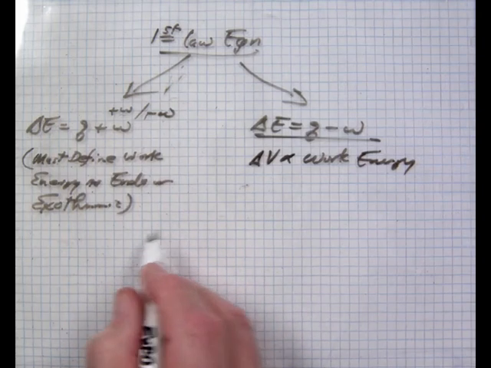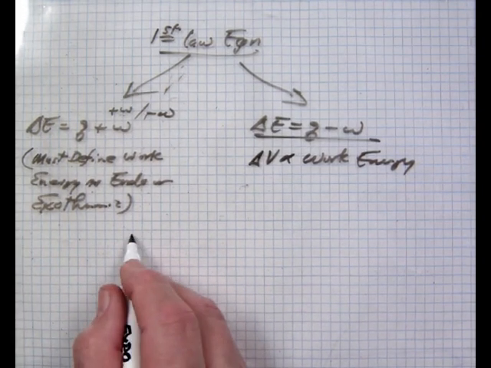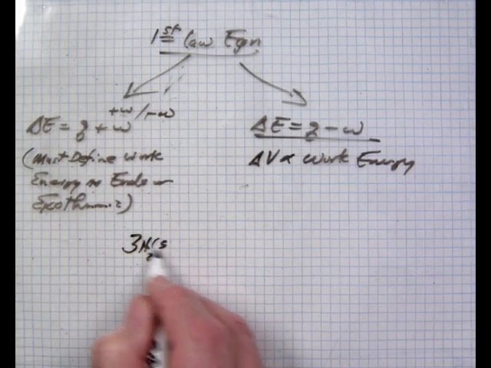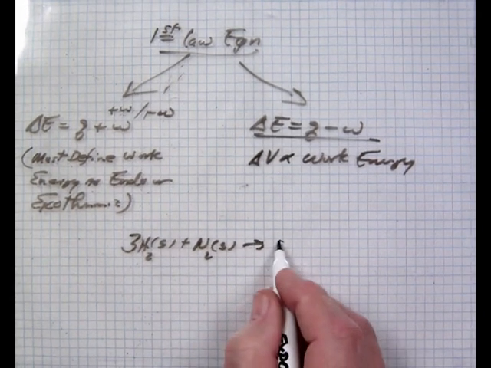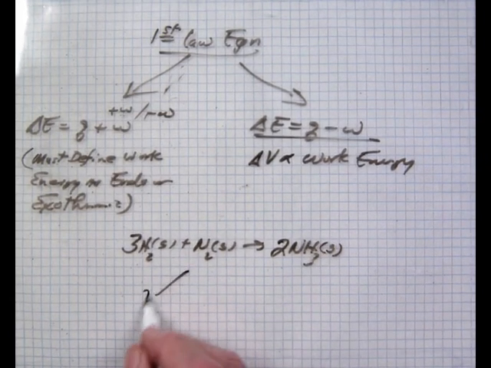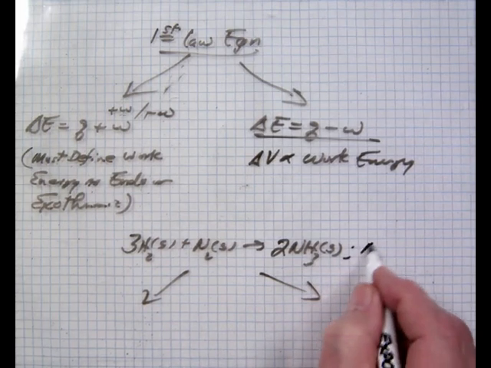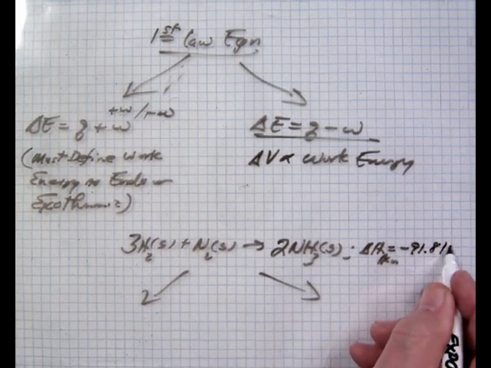Okay, an example is the change in N2 gas plus H2 to NH3 gas, real quickly, so you'll have this available if you ever need it. I'll show you delta H of the reaction, minus 91.8 kilojoules.